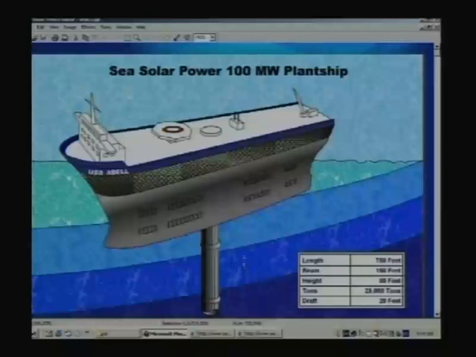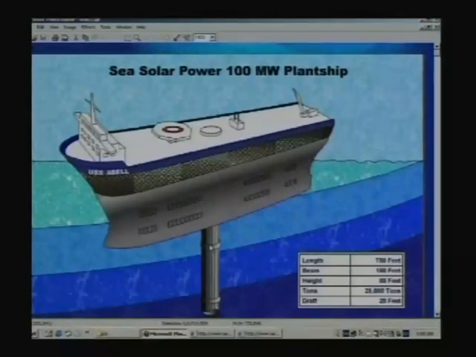See the concept of the OTEC plant as a floating ship, and the most visible part is that at the bottom of the ship there is the pipe, a very wide pipe going down to a depth of about a kilometer, and this is the cold water pipe that has to bring the cold water from the bottom of the sea.